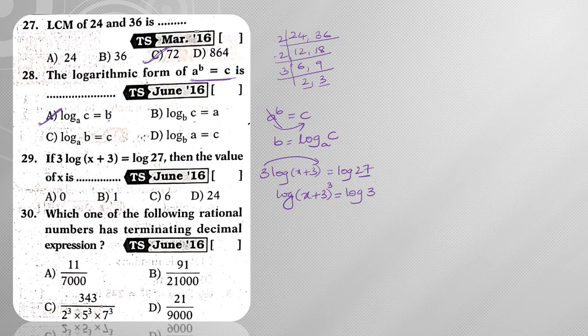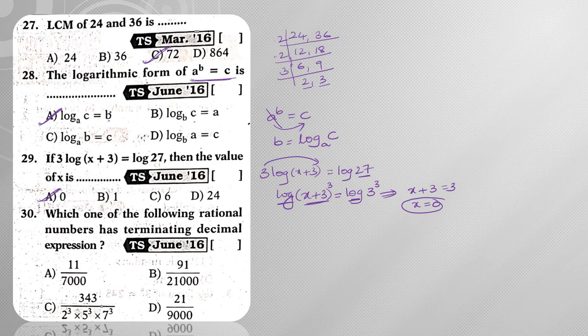I can write it as 3 cube. Now on comparing, here we have logarithm, here also we have logarithm. So with power 3 on both sides, we can directly compare: x plus 3 is equal to 3. So from this x is equal to 0, hence the answer is option A, 0, right?